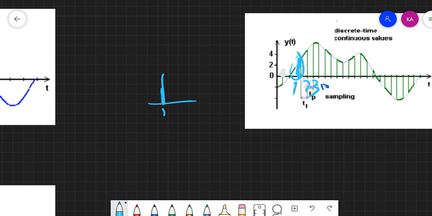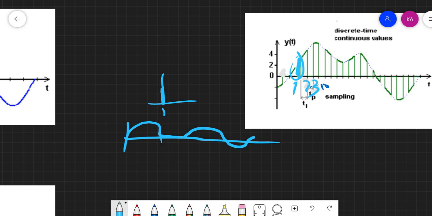Otherwise, if the signal is not defined for a particular duration of time, then also we can say these signals are discrete. If I give an example and ask, you can say this is not discrete time, it is continuous time, because the signal is continuous.